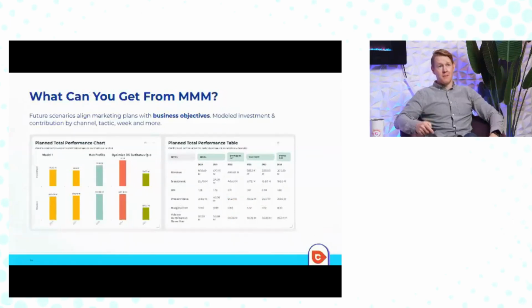What can you get from MMM? Essentially, you can input your historical data, and then you can get marketing plans aligned to business objectives, modeled out for you based on those objectives that you input into the model. It will ingest all of your historical spend and revenue, which we'll get to in a second, and then give you an optimized plan in terms of where you should be spending, what your channel mix should be, and how that plan should vary over time.